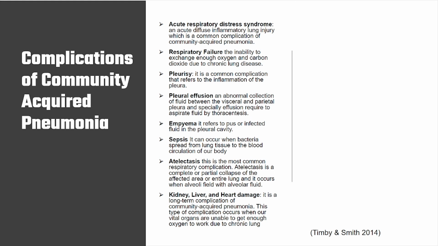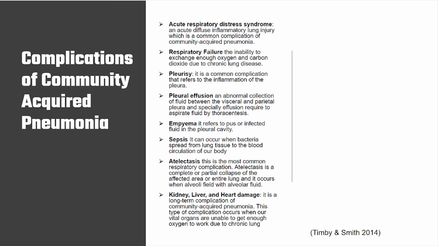Atelectasis is one of the most common complications that can be seen in patients with community-acquired pneumonia. It is a partial or complete collapse of the entire lung or the affected area occurring due to fluid buildup in the alveoli.